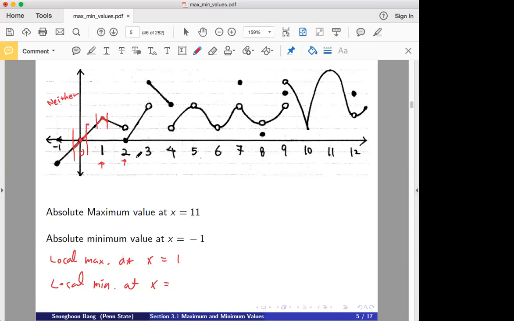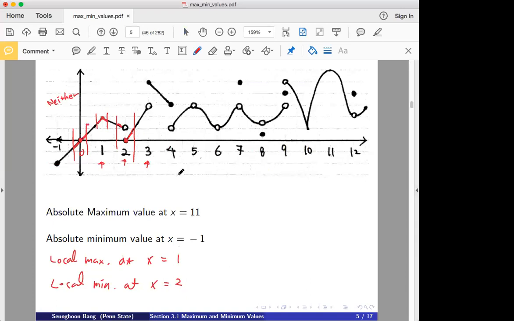Local minimum. Is it right? Yes, you can cut like this. This is the function value at 2. You can compare with the left-hand side. Yes, the lowest point. Right-hand side, yes, the lowest point. This is a local minimum at 2.